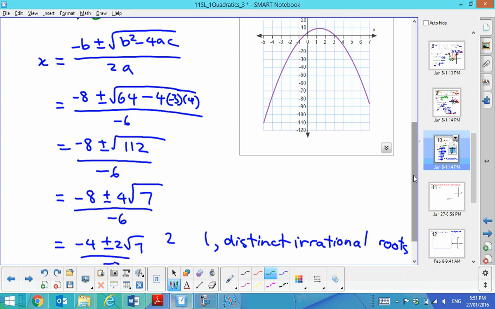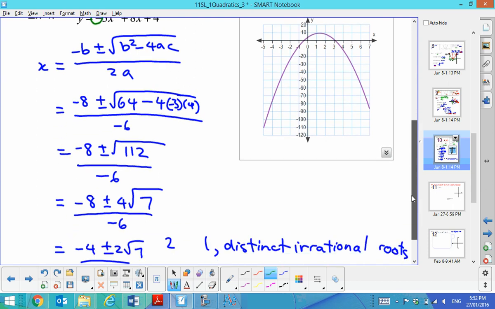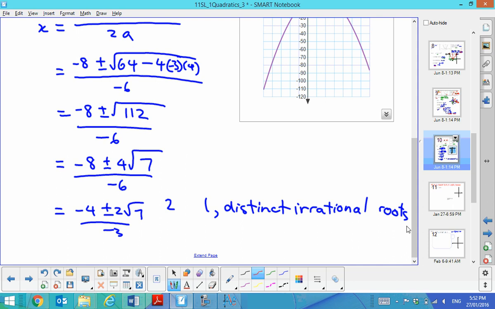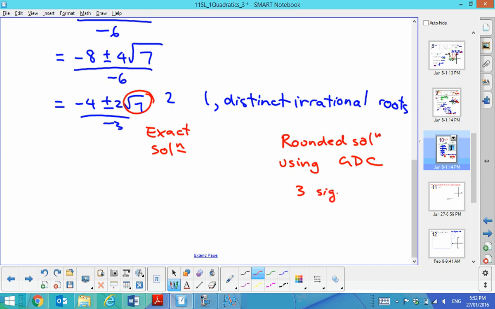All right, so you put your equation into your quadratic formula, minus b plus or minus the square root of b squared minus 4ac all over 2a. Go through, come out with what we call an exact solution. You need to know the difference between an exact solution involving our square roots and a rounded solution using your calculator, your GDC, graphic display calculator, and remember 3 significant figures is the standard for your IB papers.